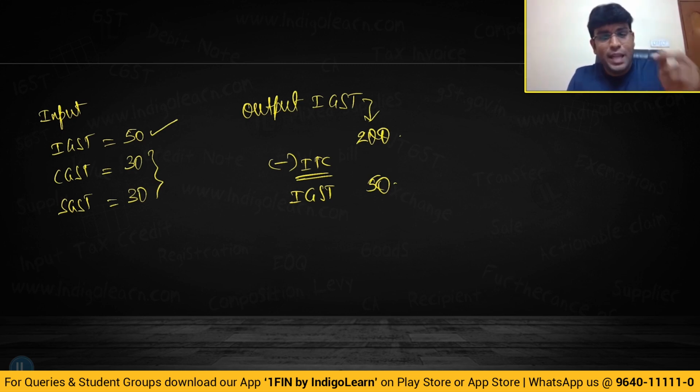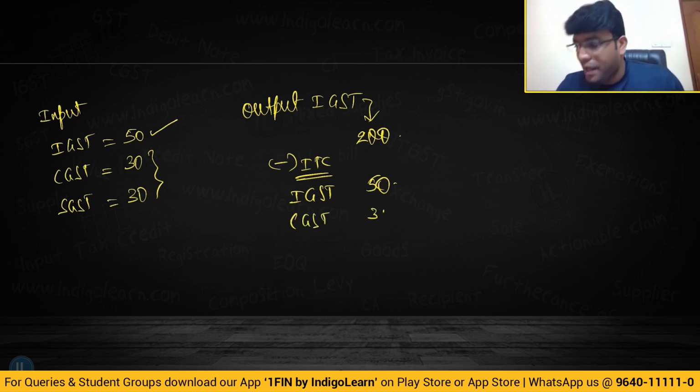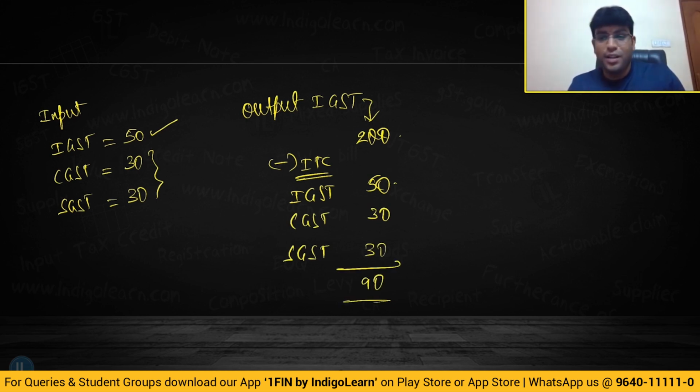Yes. Can I use SGST credit for output IGST? Again, the answer is yes. But what should I use first? That is the question. The answer is, first use CGST credit 30, then use SGST credit 30. Balance figure is 90. A student is asking, whatever you write, is the answer still 90? Still the answer is 90 only, but that doesn't mean it is correct.